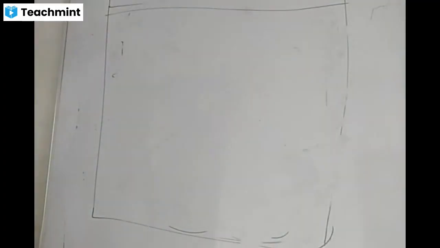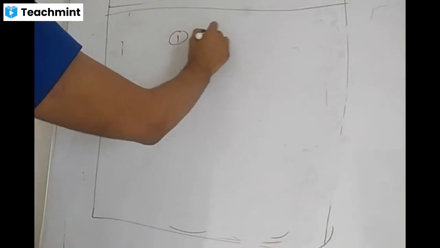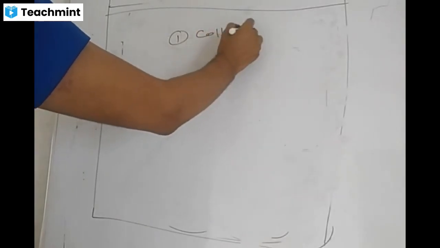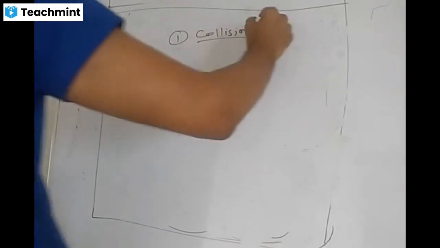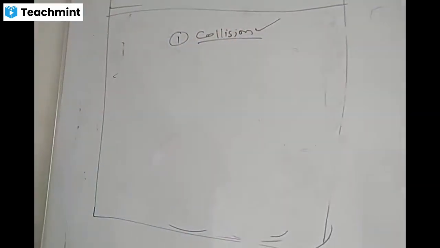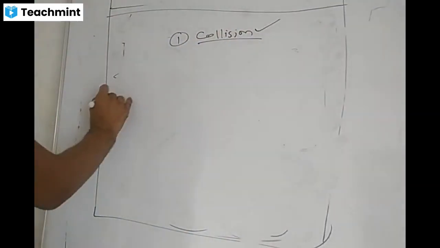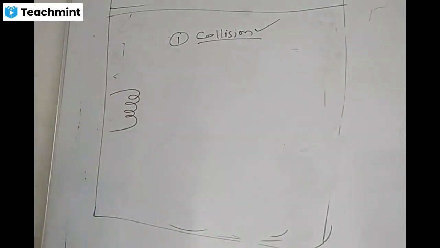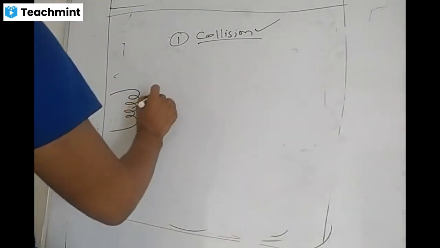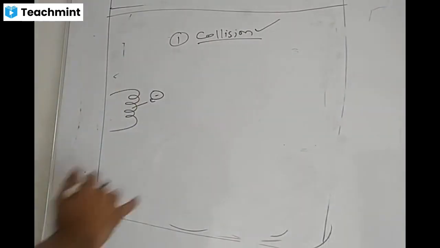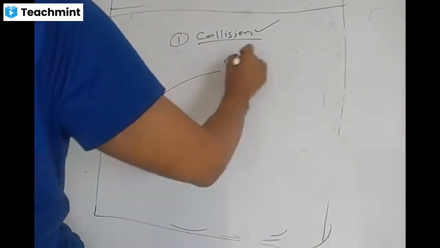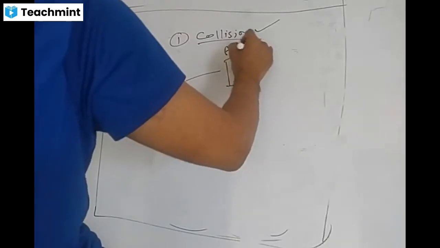So the first mechanism is collision. Collisional interaction means in this interaction there is collision. This is our filament. From the filament, what comes out? Electrons with some kinetic energy, and they are coming at the anode.